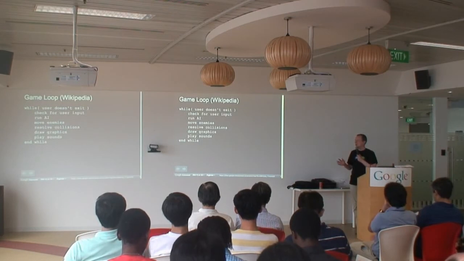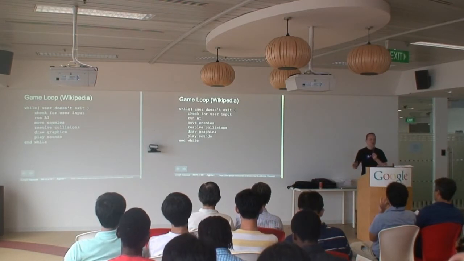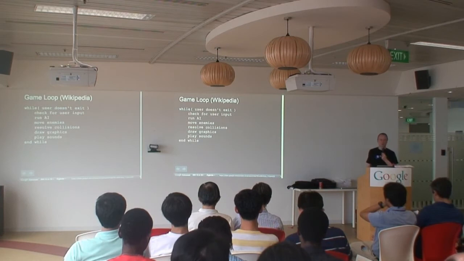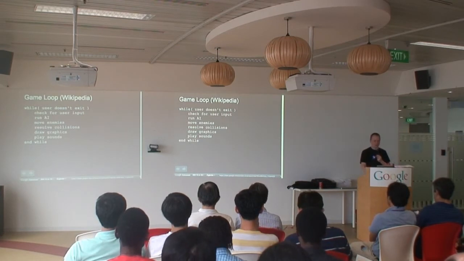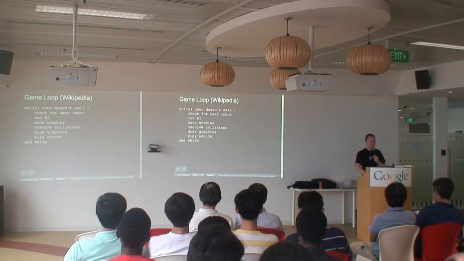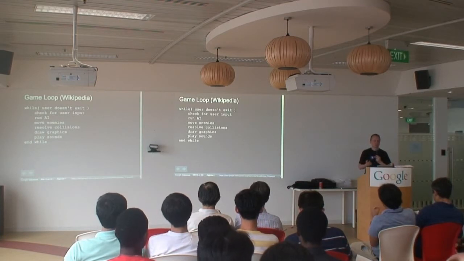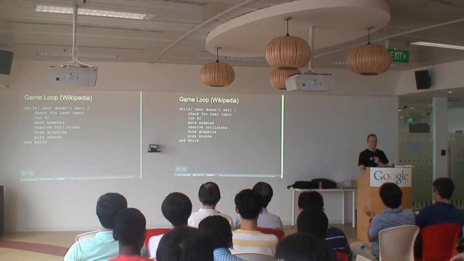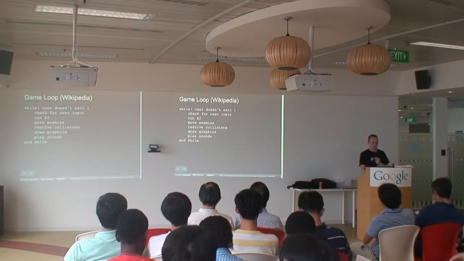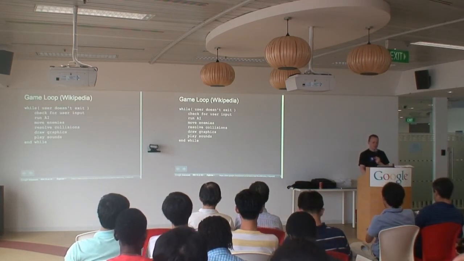Then you draw the graphics, play the sound, and then you do everything all over again. There's actually one more step yet, to check for different states in the application, whether the game has ended or not, if it's game over or if the player has won.